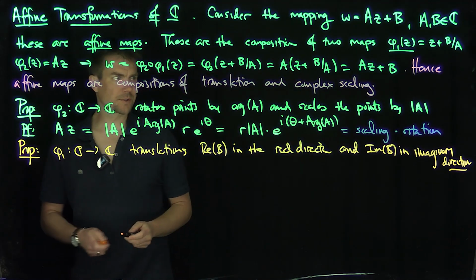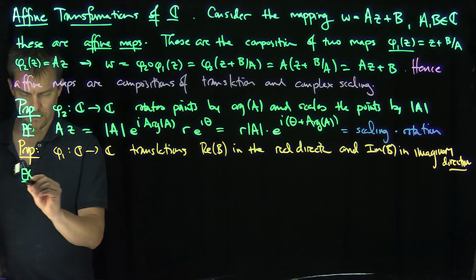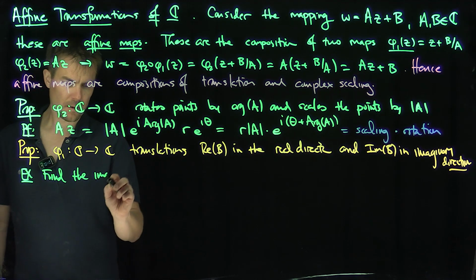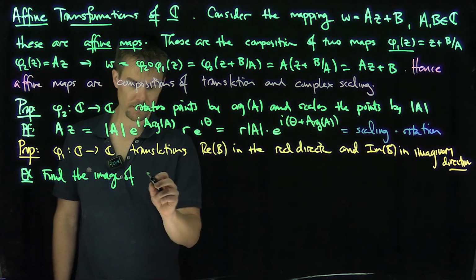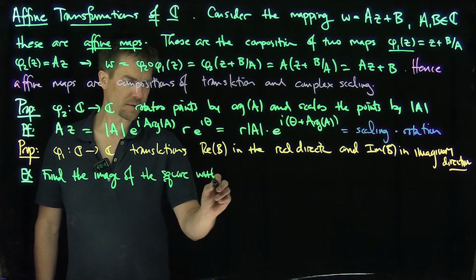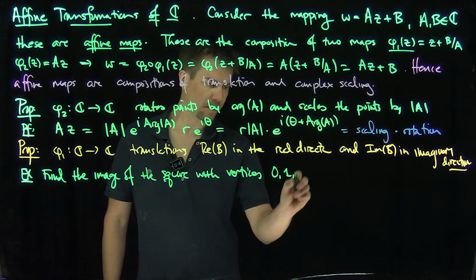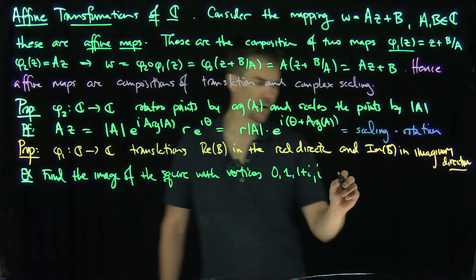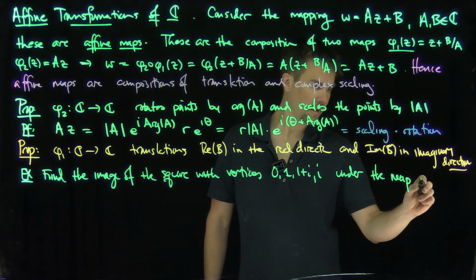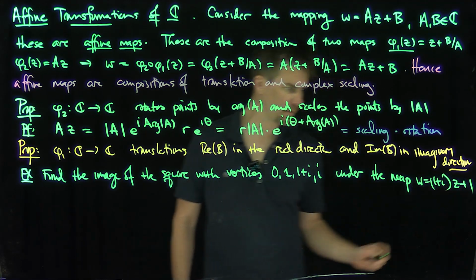Excellent. All right, let's do an example of this. Here's the classic example of what you want to do. Let's find the image of the square with vertices 0, 1, 1 plus I, and I under the map W equals 1 plus I times Z plus 1.